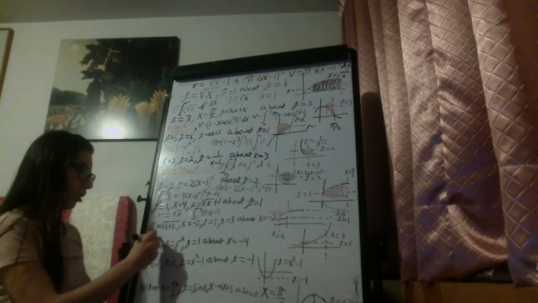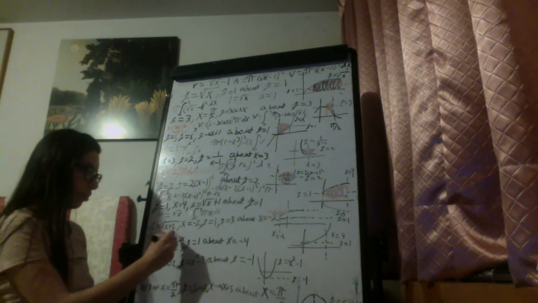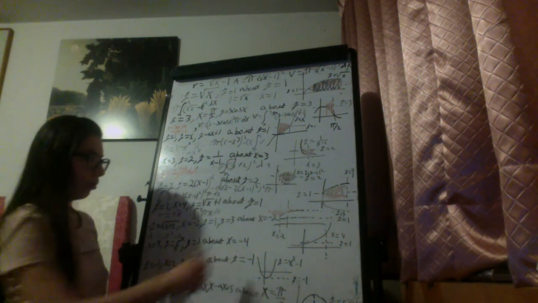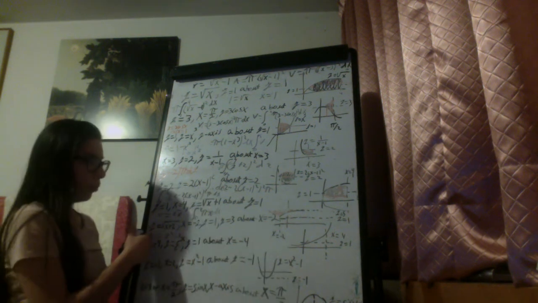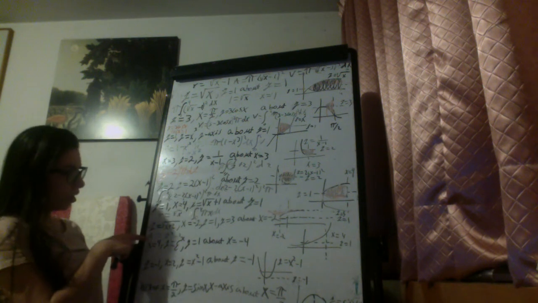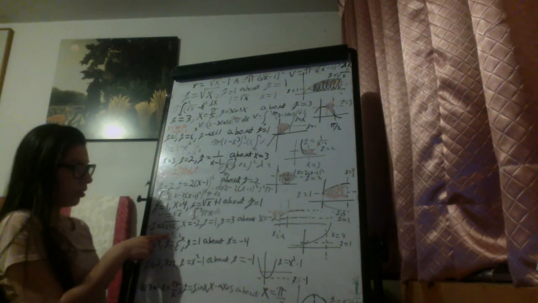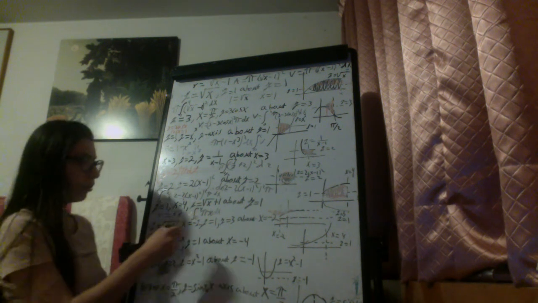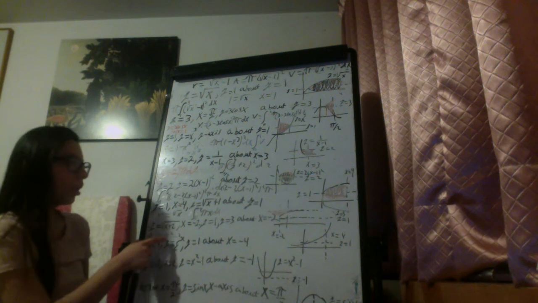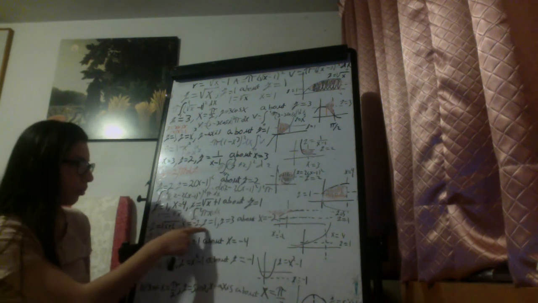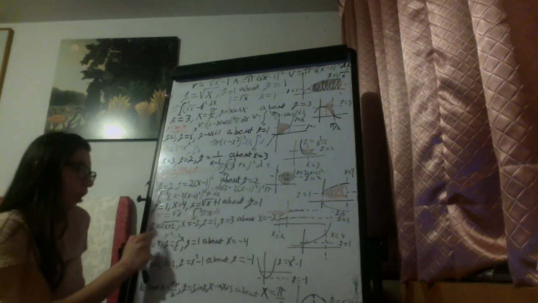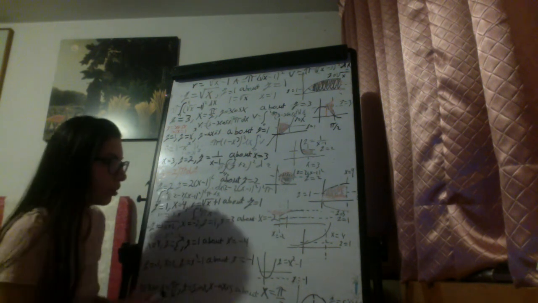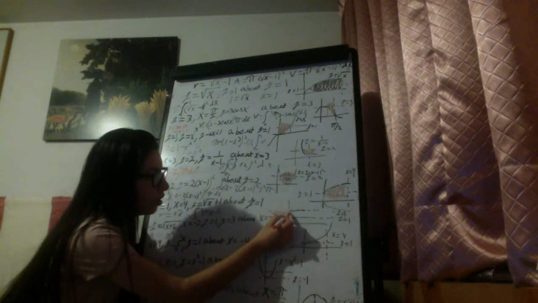So x would be y squared minus 2. Let's say we want this value at y equals 2. When y equals 2, x is equal to 4 minus 2, so x is equal to 2, let's say here.